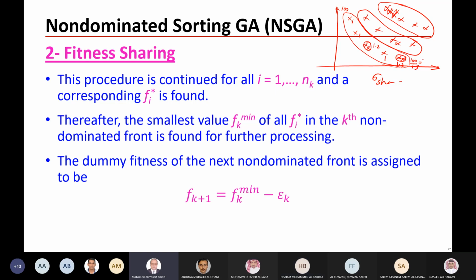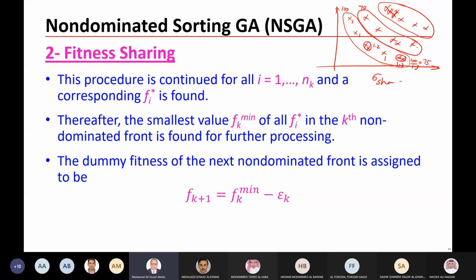Okay. So this is the minimum in this rank, 75. So I will start the raw fitness for the second front lower than 75. So I will start with 70. Okay? All these solutions will have a raw fitness equal to 70.